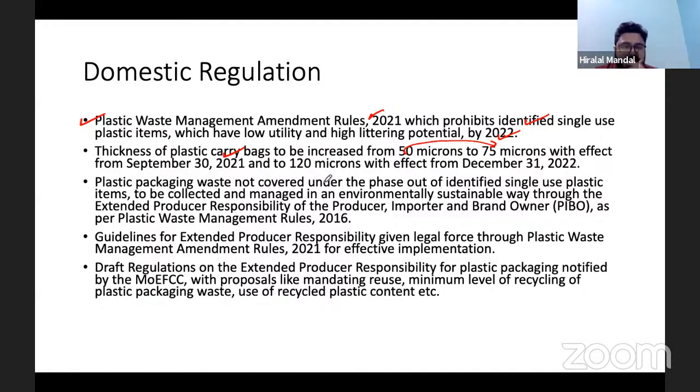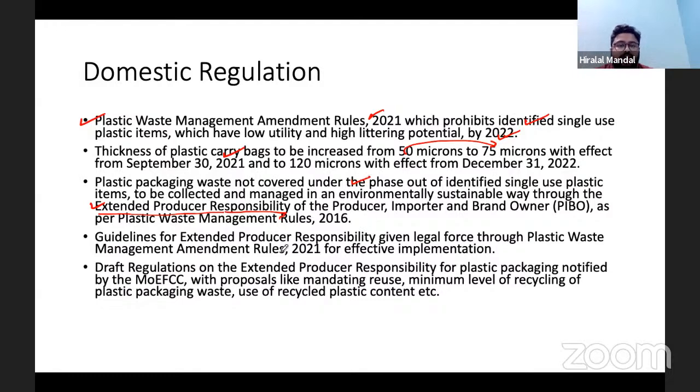So that's another thing. The government has also thought about extended producer responsibility. As part of the extended producer responsibility under the Plastic Waste Management Rules 2016, it has been mentioned that the collection and management of those products will be the responsibility of the producer.